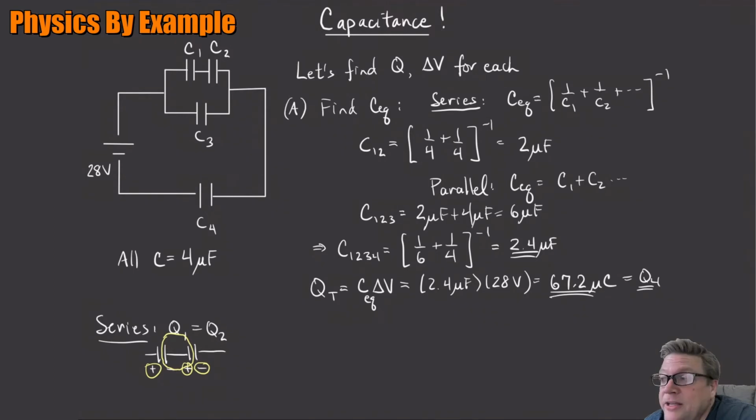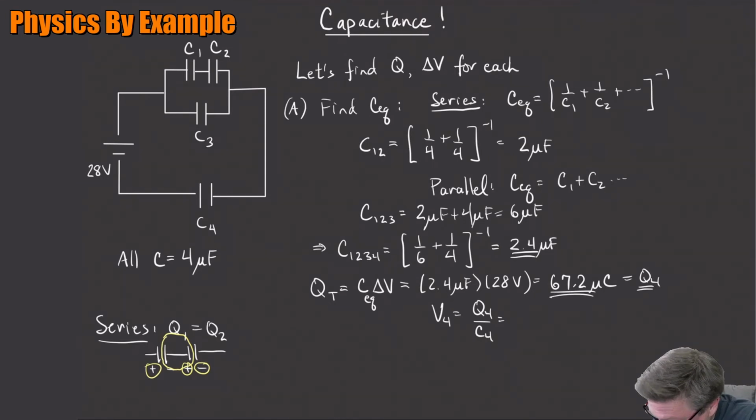And then look at this. If I know the charge on Q4, now I can figure out what the voltage drop across C4 is. Because the battery, like C4 doesn't have all that voltage across it, because then there'd be nothing left for C1, 2, and 3. So how much voltage is across C4? We can figure it out. V4 is just going to be Q4 over C4.